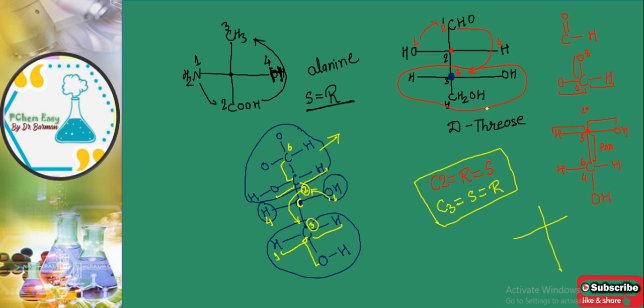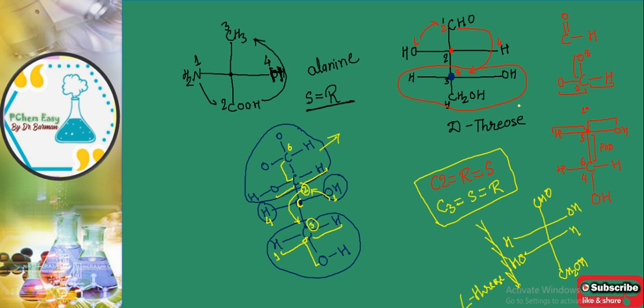The mirror image, I cannot draw here because it is already written there. So the mirror image of this molecule will be H, OH, here OH, H, CH2OH. This would be the mirror image of this structure, D-Threose. So this is L-Threose.